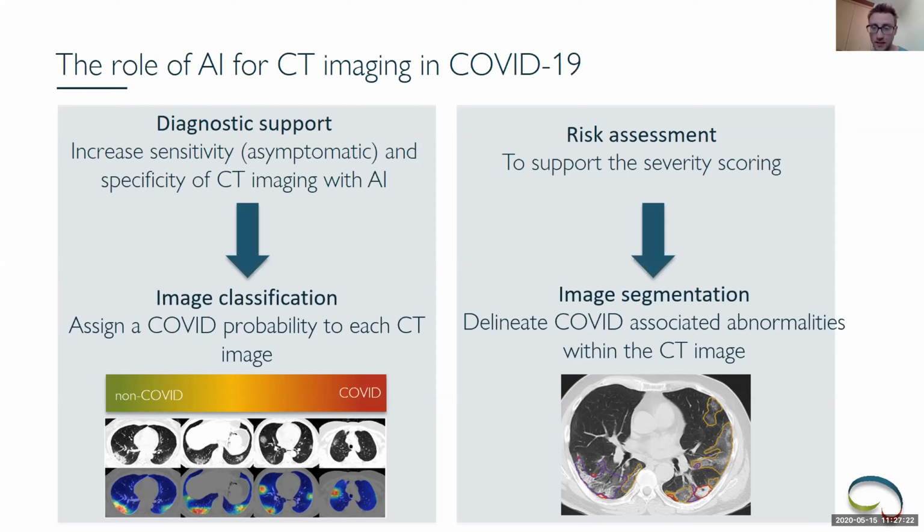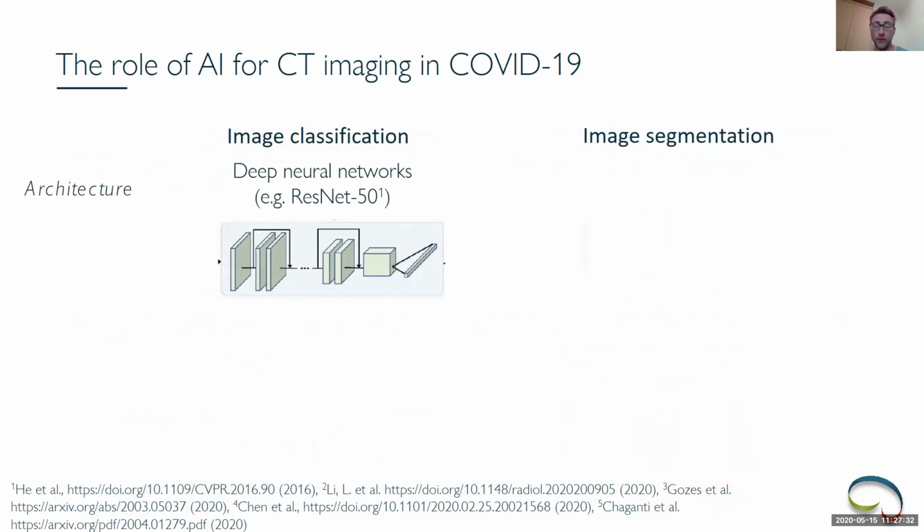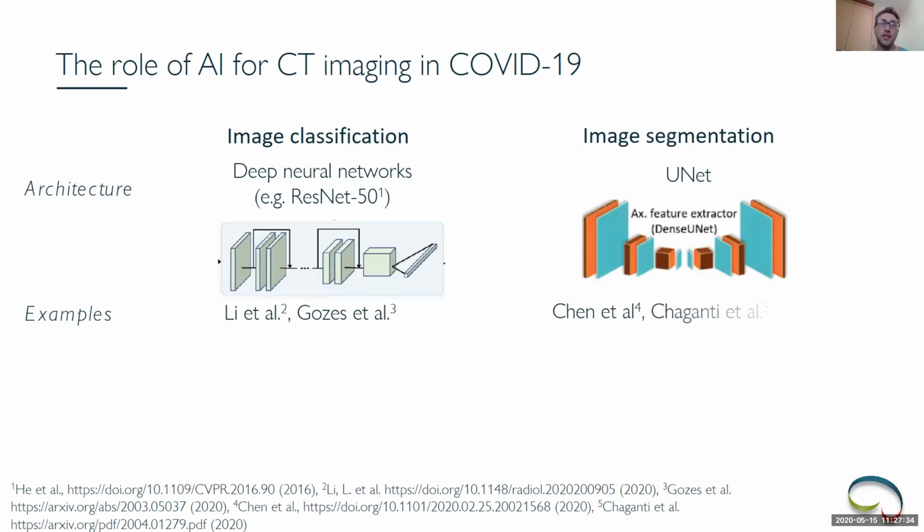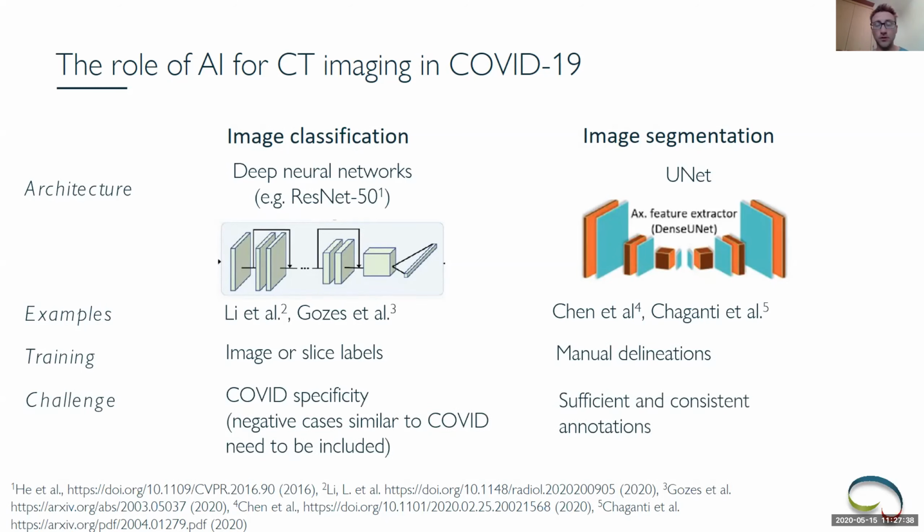This means that the AI algorithm should be trained to delineate COVID-associated abnormalities within the CT image. If we look a little bit into the differences in architecture, examples and training between those two challenges, we see that image classification is typically performed by deep neural networks with many layers.